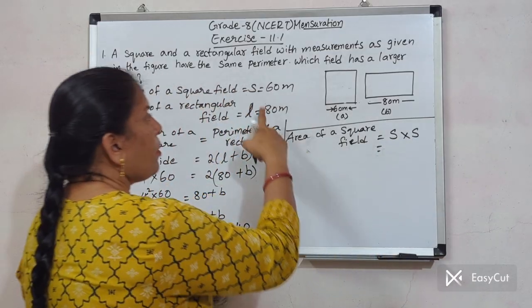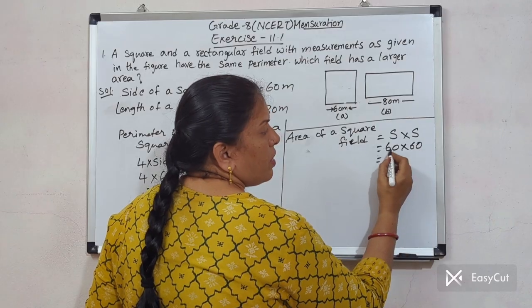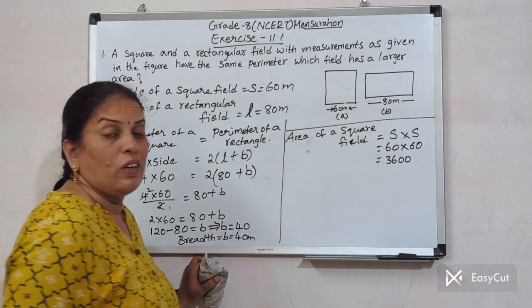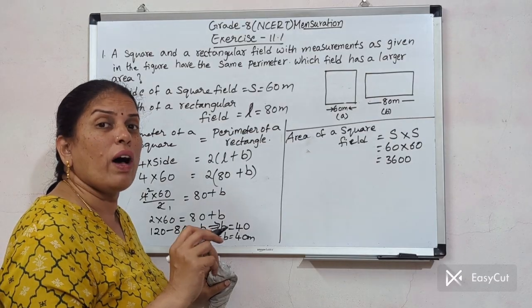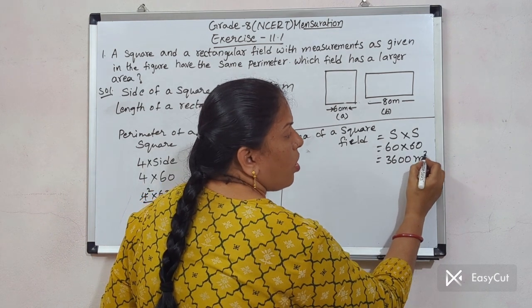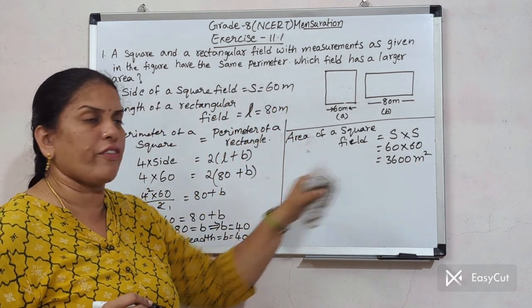What is the side here? Side is 60. 60 into 60. 6 sixes are 36. 2 zeros are there. What units must you write for area? For area, square units. Here this is in meters, no? Square meters or meter square. This is the area of the square field.